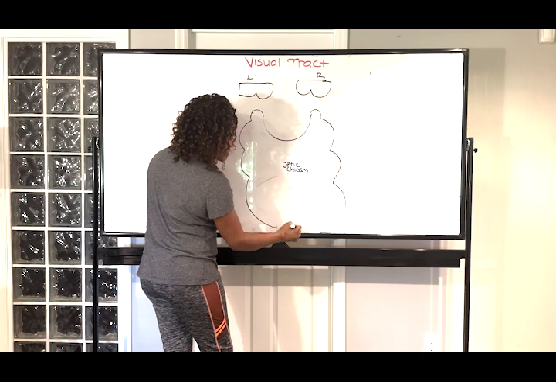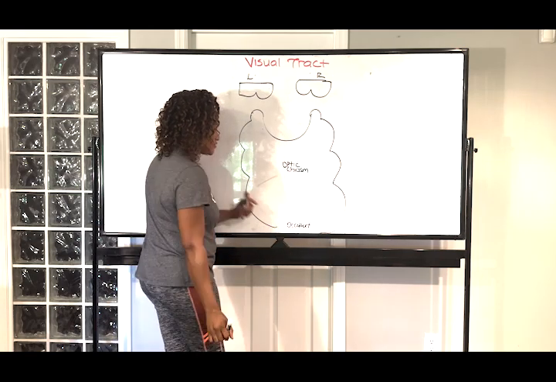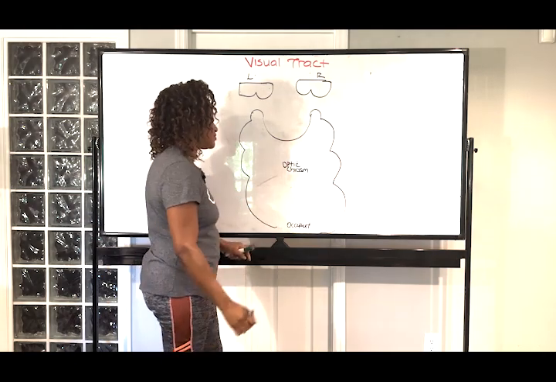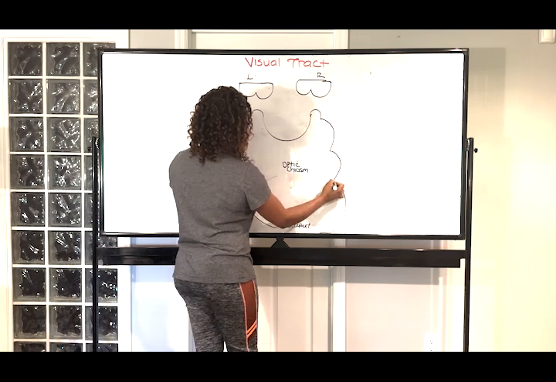And here we have the occiput. This is the visual center where all this visual information is getting processed.